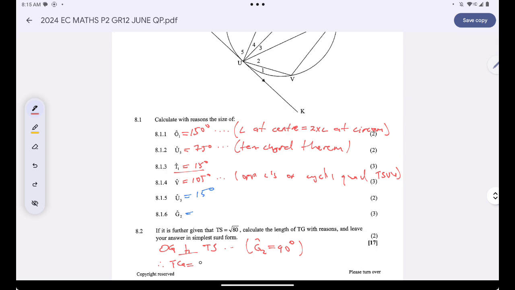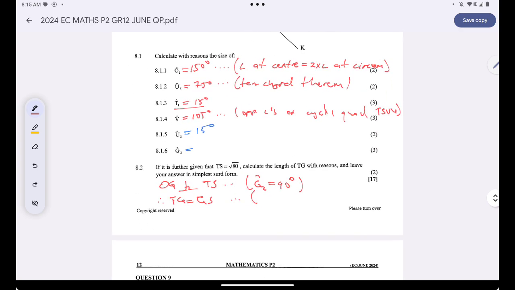TG will be equal to GS. The line drawn from the center perpendicular to the chord bisects the chord. Right, together. You can just write: line from center perpendicular to chord TS.